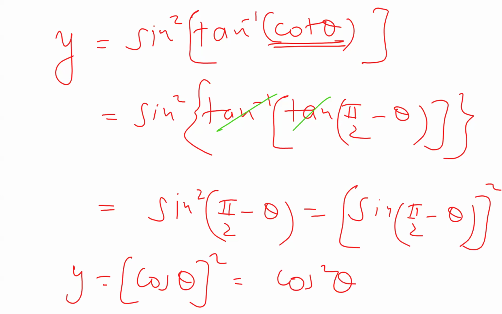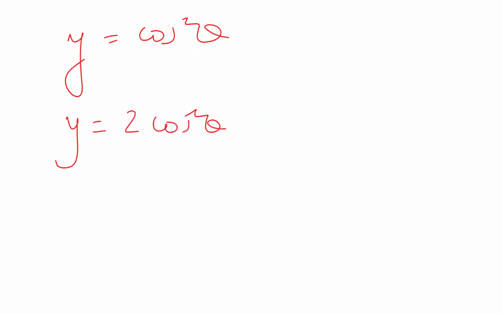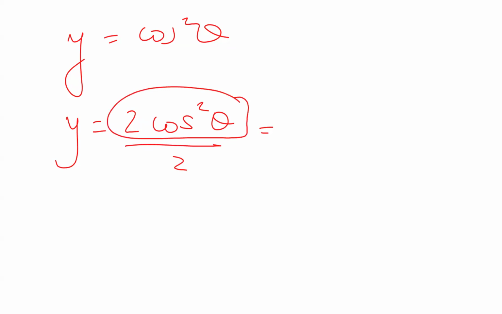Now let's take this on the new slide. Y is equal to cos square theta. To make the problem simple, what I'm going to do is multiply and divide with 2. So what is 2 cos square theta? It's half angle, 1 plus cos 2 theta by 2.